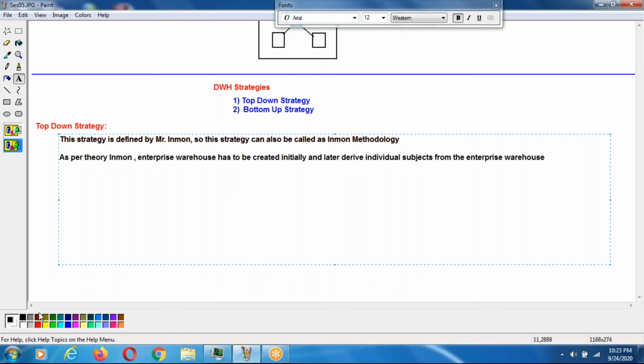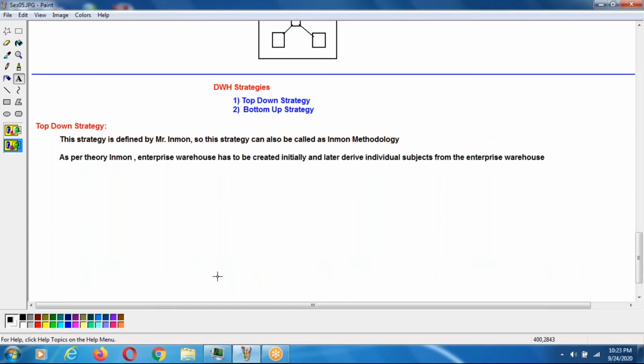Clear? Yes. First of all, he asks to create the enterprise warehouse, later the small subjects.